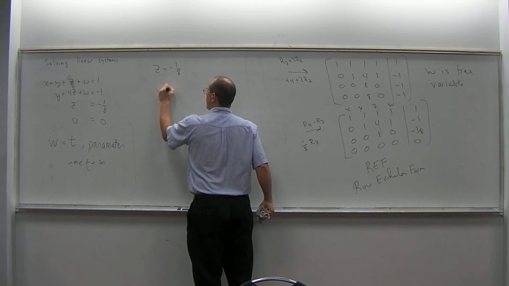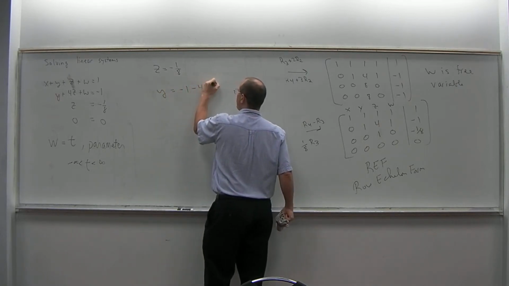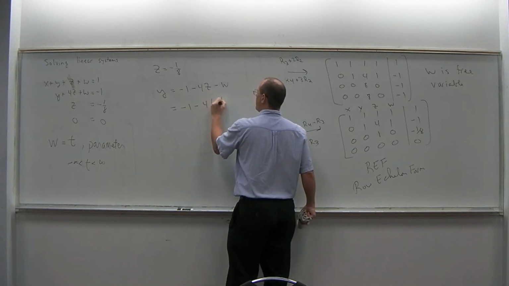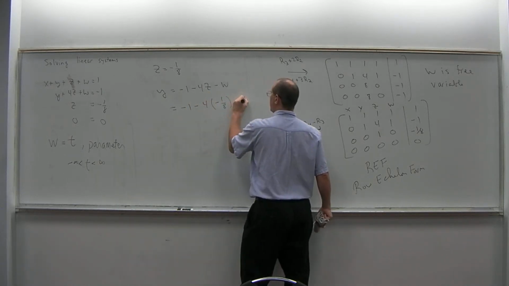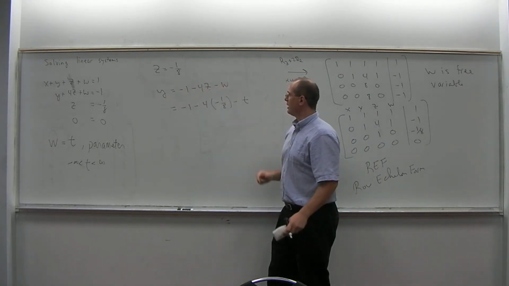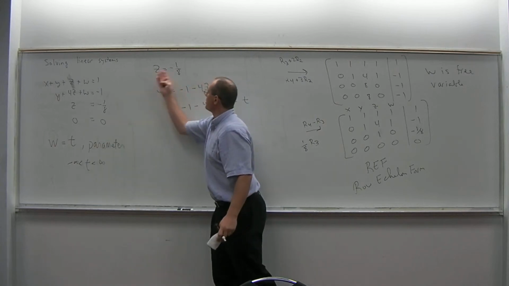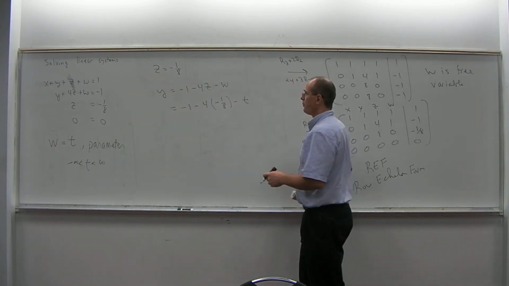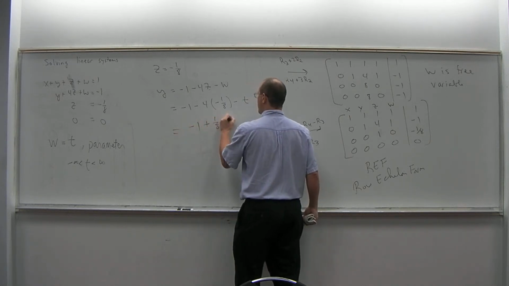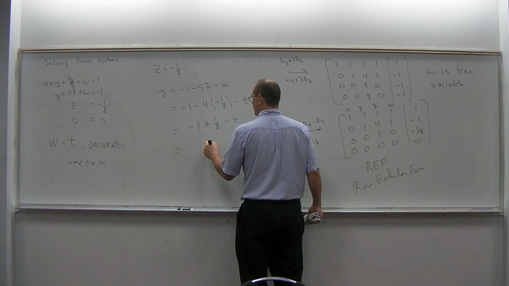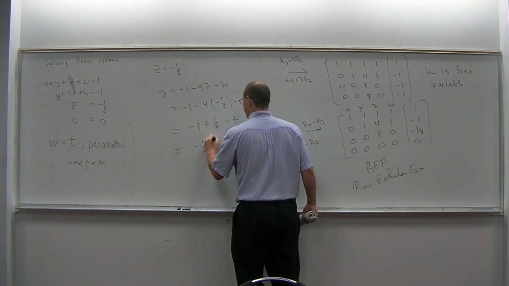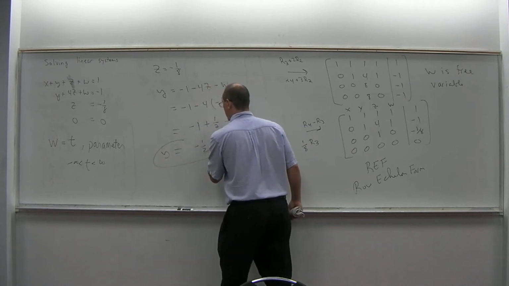So y equals negative 1 minus 4z minus w, and that's negative 1 minus 4 times negative 1/8 minus t. So this simplifies to negative 1 plus 1/2 minus t, which is negative 1/2 minus t. So that's y.